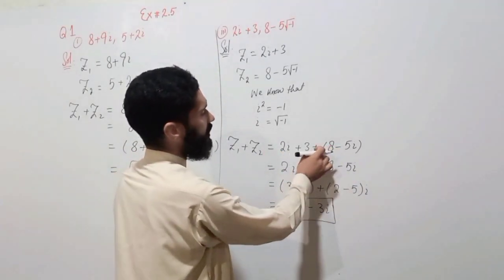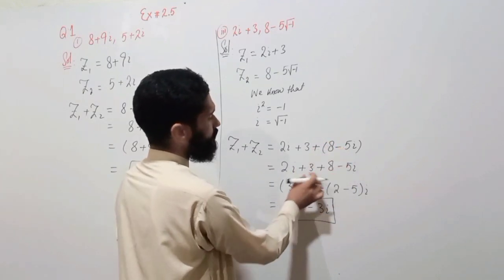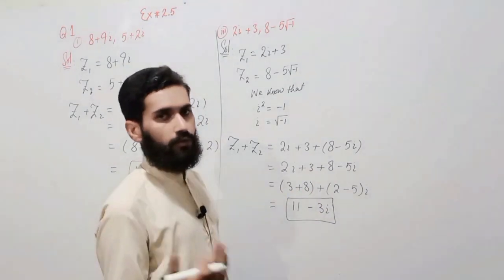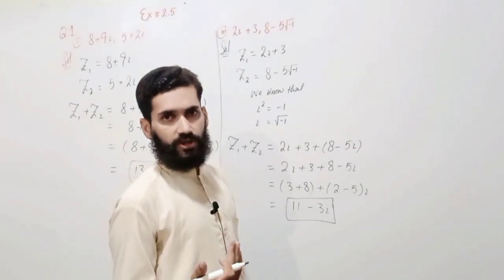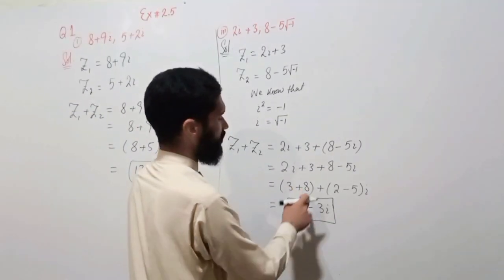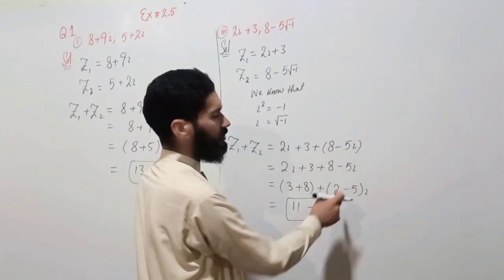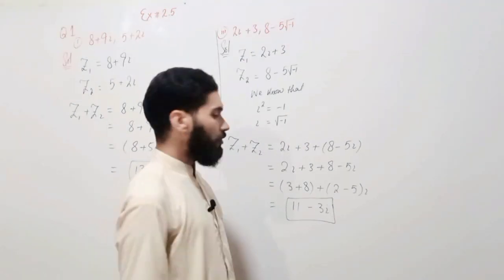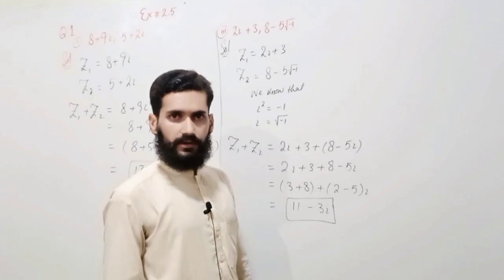Now apply plus into plus or plus into minus. For the real part, 3 plus 8 is 11, and for the imaginary part, plus into minus gives negative 3. So 11 minus 3 iota is the required result.